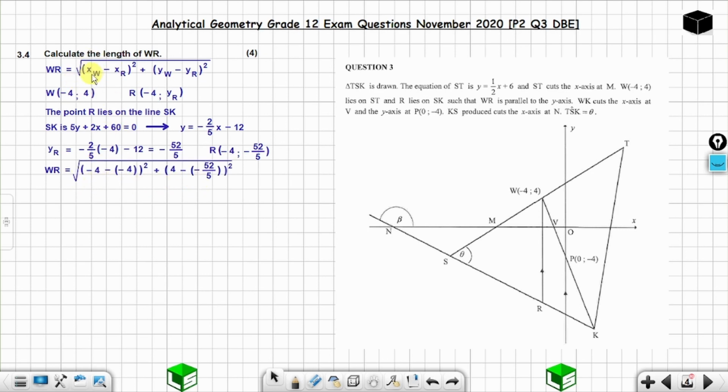This is the x coordinate of W, -4, minus the x coordinate of R, plus, in bracket, the y coordinate of W minus the y coordinate of R. So WR is equal to, plug this in your calculator.